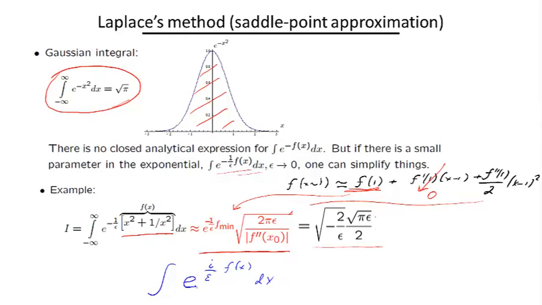The reason is that e to the power i f of x can be written as a bunch of cosines and sines, and if epsilon becomes very small, they become strongly oscillating functions, which on average give 0, because the positive part of the cosine and the negative part of the cosine balance each other out. There is a similar argument that you can write the expression of this integral in a very similar form and focus only on the minimum of this function.